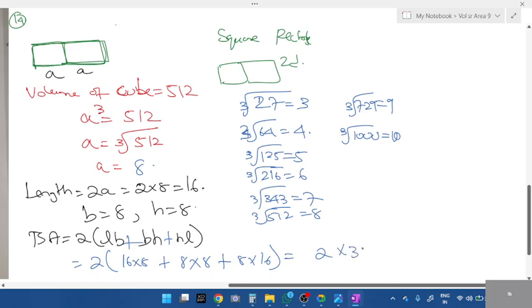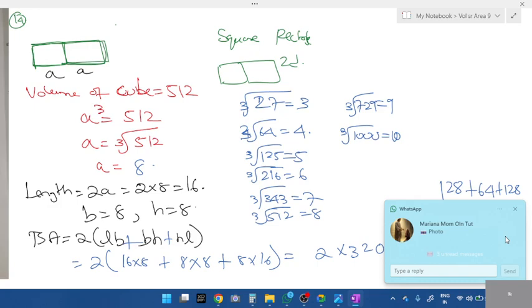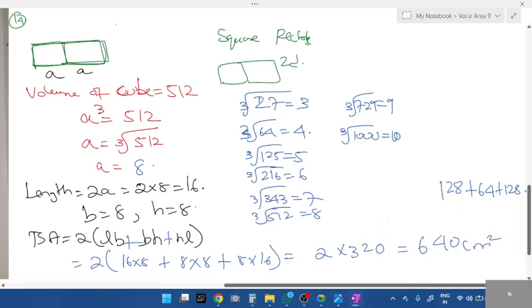Okay, I think we had already done this question, students. We got a similar answer, right? 128 plus 64 plus 128. 640 is the answer.